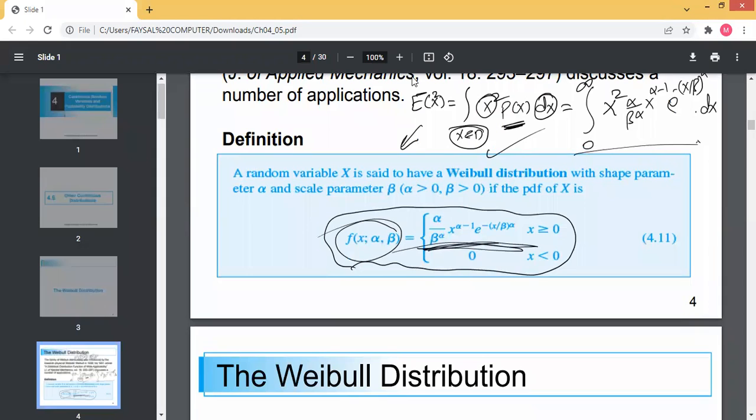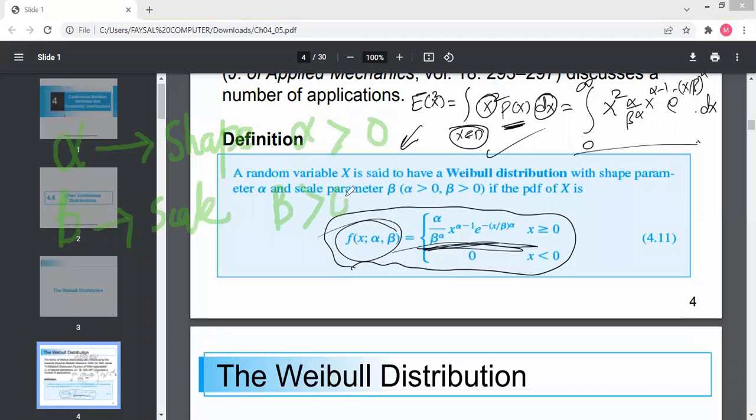Alpha is my shape parameter, and this value will be greater than 0. And second is my beta. Beta is my scale parameter. So my beta value must be greater than 0.